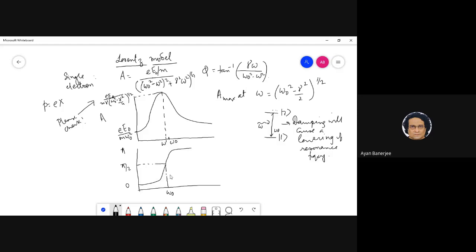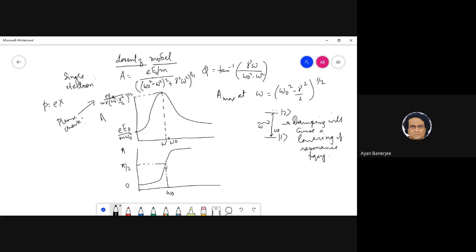Say, in a simple experiment, you want to know the resonance frequency of some particle under the influence of a driving field. If you drive the particle, then the phase actually gives you the correct representation of the resonance frequency.